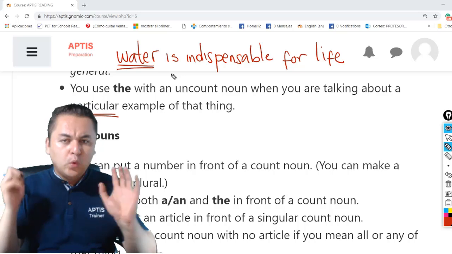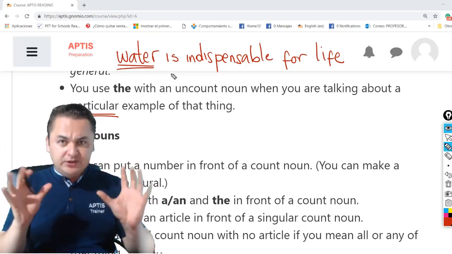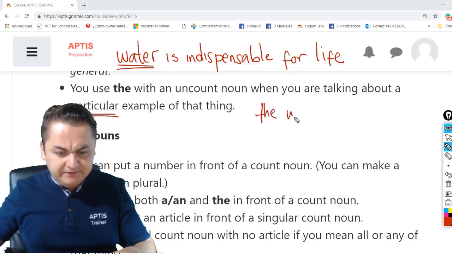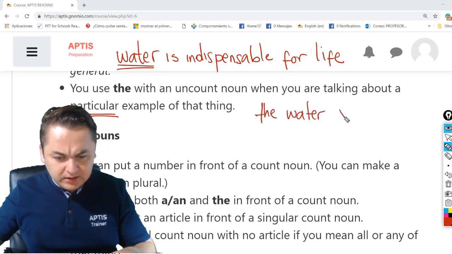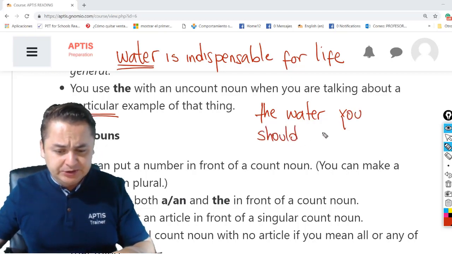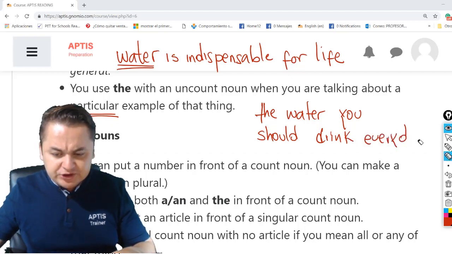In this case, water is being understood as something general. And then I say, the water you should drink every day should be 2 glasses, for example.